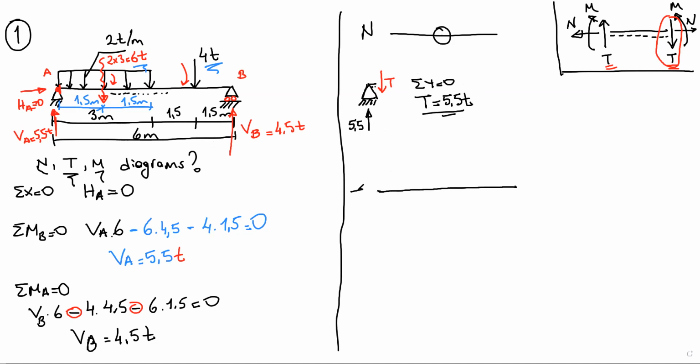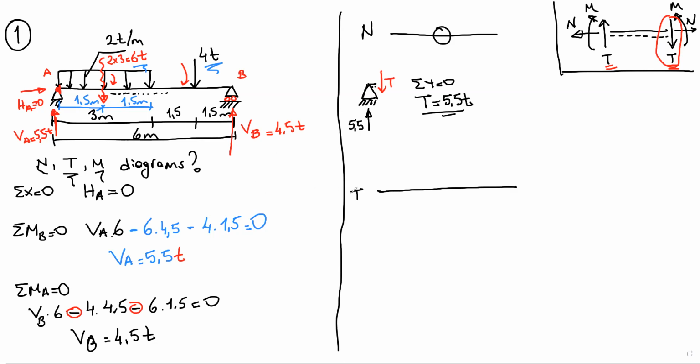Let's draw the curve. Okay, this is T. Remember, in shear force diagrams, the top side is positive, the bottom side is negative. It's the same for the axial force, but the opposite is used for the moment diagrams. In moment diagrams, positive moment is shown at the bottom side.